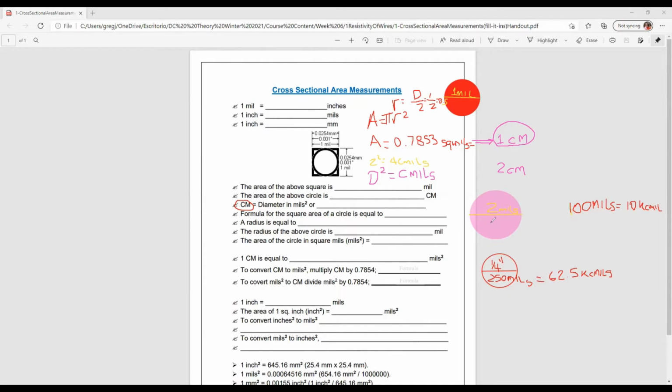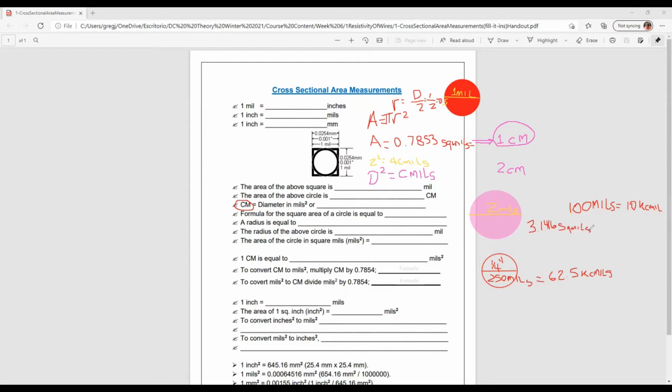That's going to be equal to 3.1416 times our 2 mils divided by 2, which gives you 1. 1 squared is 1 times pi, that's going to be 3.14 square mils.